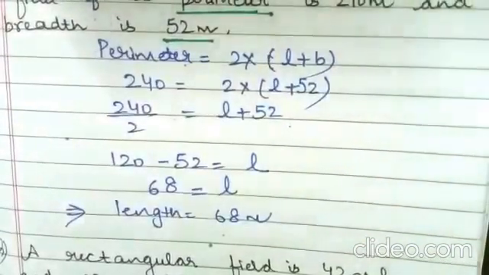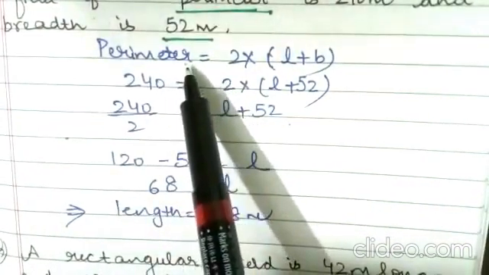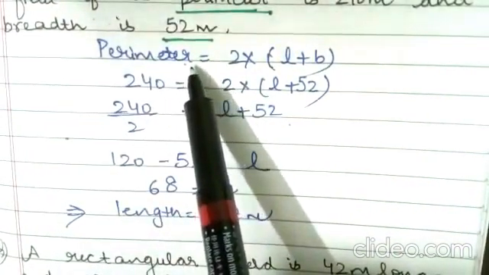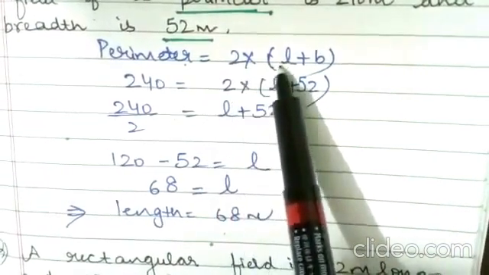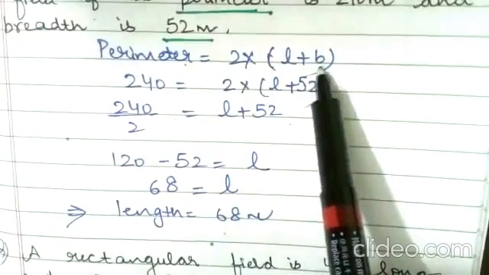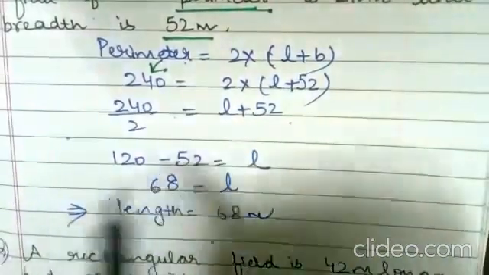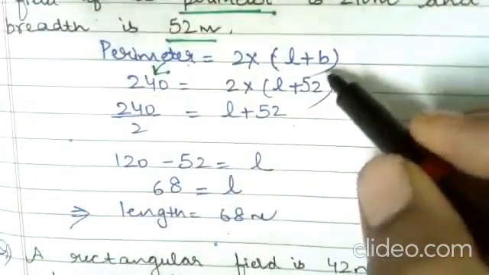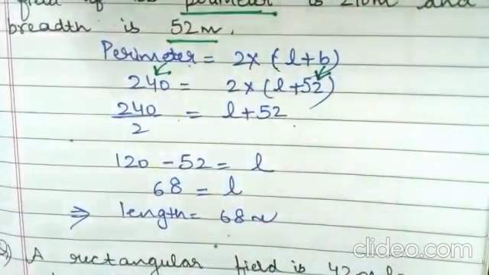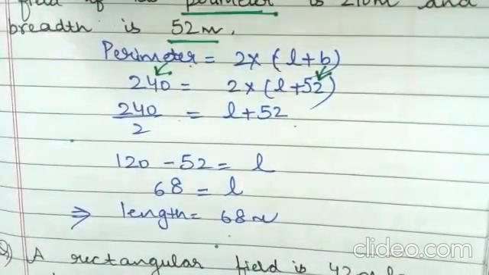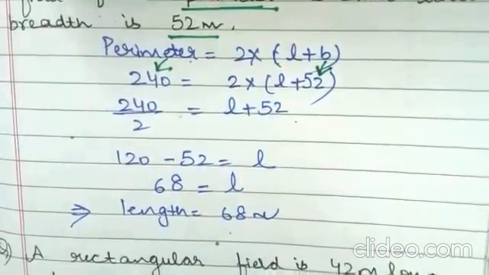First of all, write down the formula for the perimeter of rectangle. That is equals to 2 multiply length plus breadth. Now perimeter we know that is 240. Breadth we know that is 52 meter. Now we have to find the length of a rectangular field.